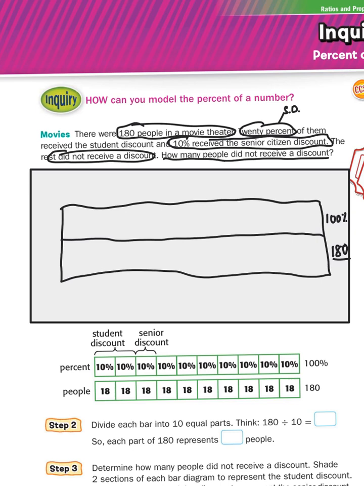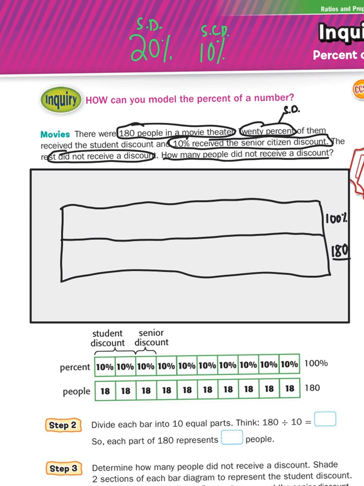Now, looking at my percents, let me write it up here: we have 20% receive the student discount. We have 10% receive the senior citizen discount. Citizen begins with a C, sorry. All right, let me undo that. Where is that button? All right, the senior citizen discount.